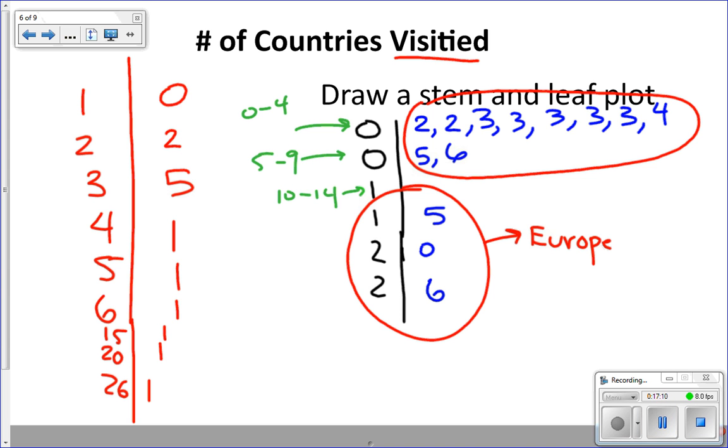So you tend to visit fewer countries. Whereas if you lived in Europe, you could almost walk across the border. So would you agree that the nature of the data is a little different? Yes. Okay. So in that sense, I would consider these 3 students outliers because the nature of the data is different.